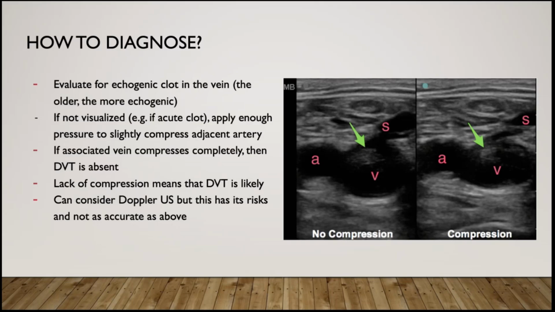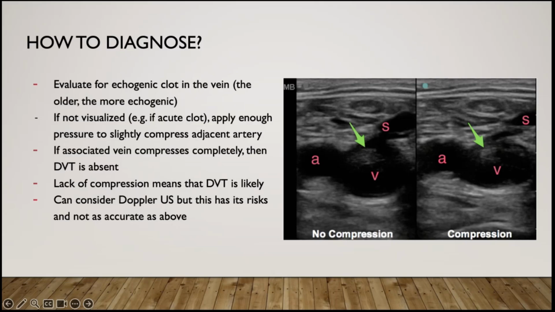But compress slightly, not too much, but also not too little. What you want to do is try to find enough pressure where the artery is slightly compressing, and then you can evaluate the vein under that level of pressure. And if the vein is not compressing sufficiently, like here, you can see it's still pretty distended, then that's pretty indicative of a DVT as well.